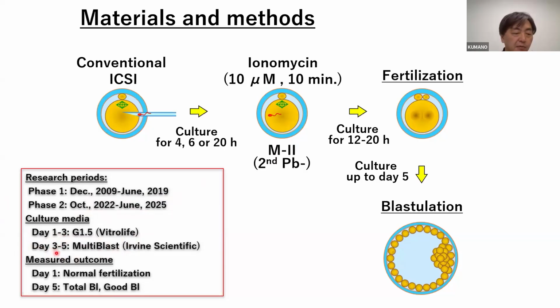From day 3 to day 5, the embryos were cultured using this medium, so the embryos were cultured in sequential medium. On day 1, normal fertilization was observed, and on day 5, total blastocyst rate and good blastocyst rates were observed.